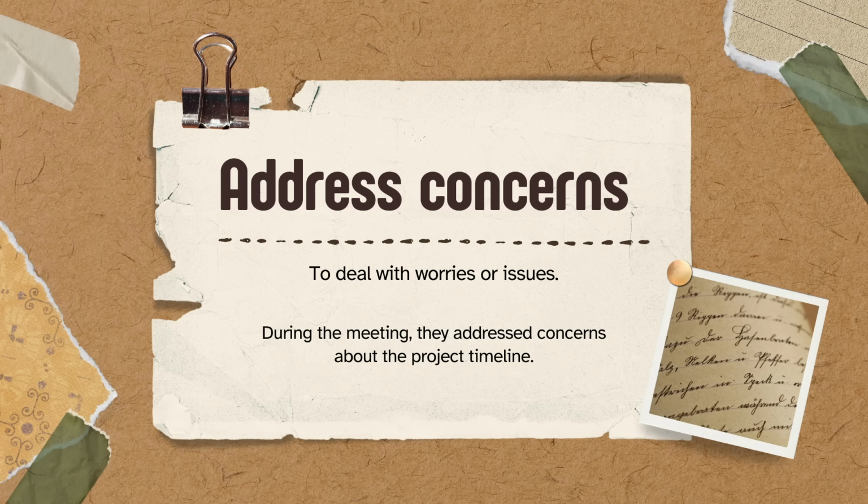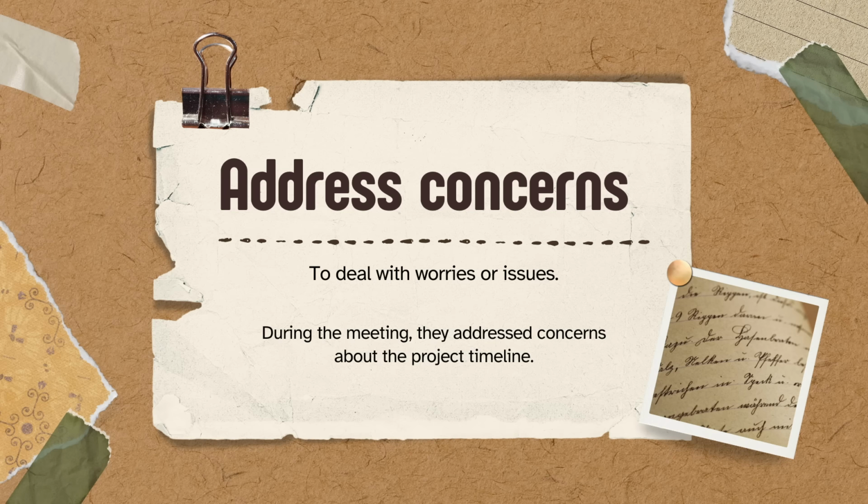Let's look at example number 2. During the meeting, they addressed concerns about the project timeline. In this case, someone in the meeting talked about issues or doubts related to how long the project would take, right? It's a timeline. And they have concerns about reaching these goals.